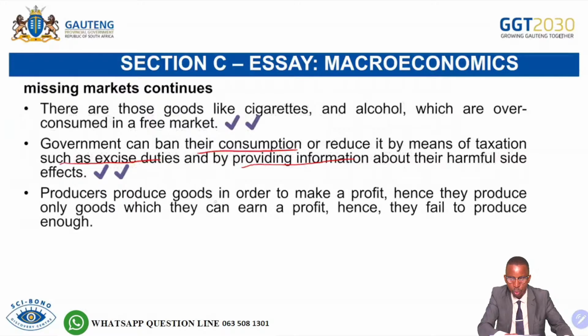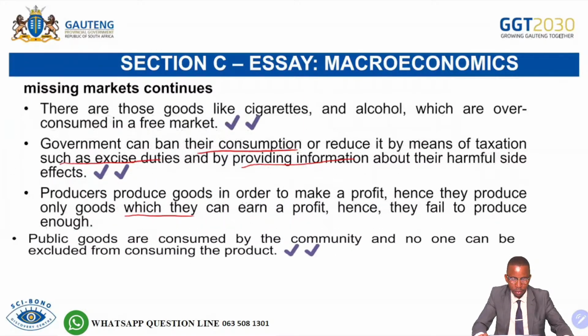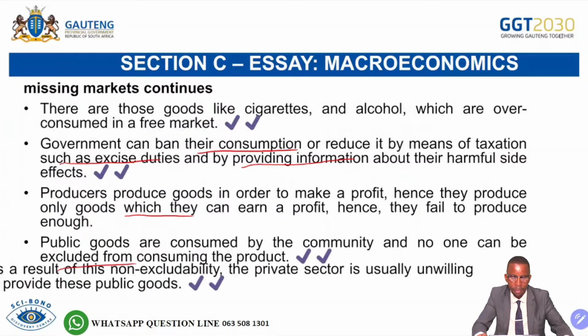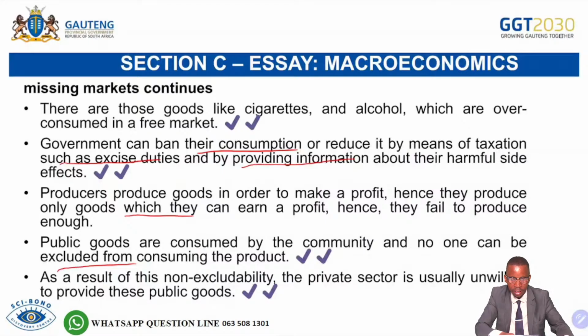Producers produce goods in order to make profit, hence they produce only goods from which they can earn profit, hence they fail to produce enough. And then public goods are consumed by the community and no one can be excluded from consuming them. So those are community goods. As a result of this non-excludability, the private sector is usually unwilling to provide these public goods and services.